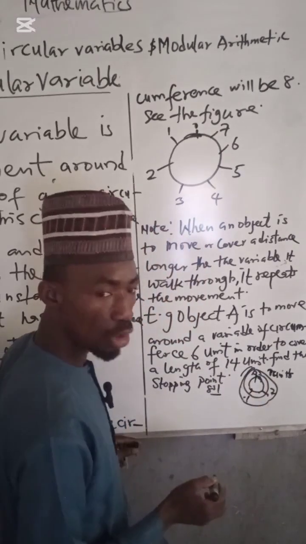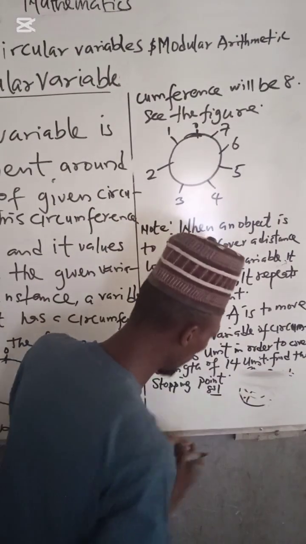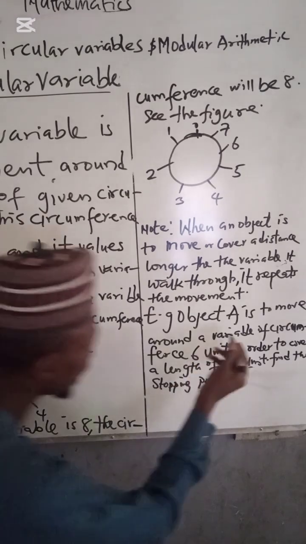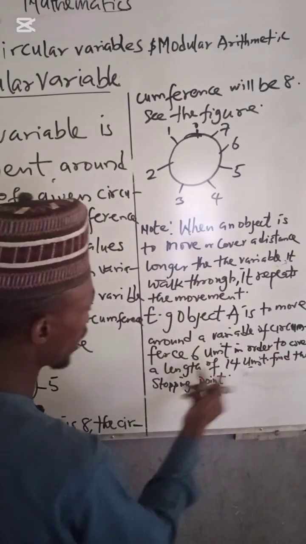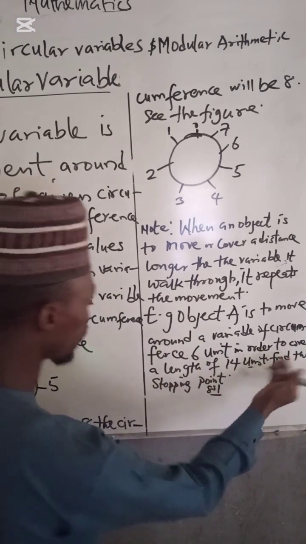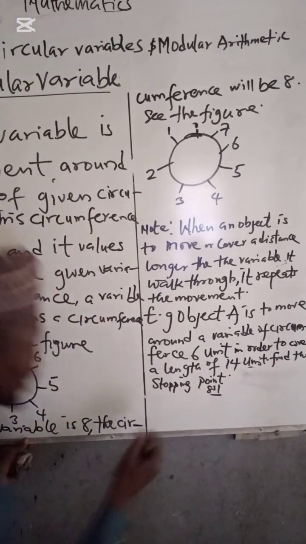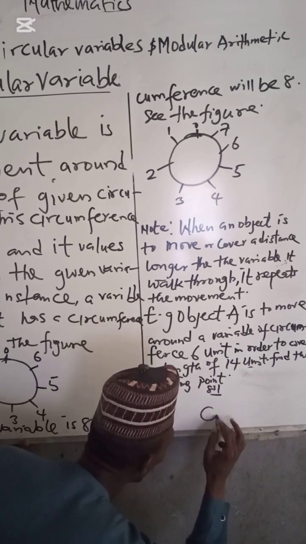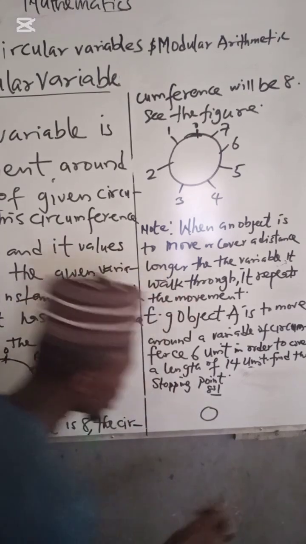It starts another one. Let's demonstrate that fully for us to understand. Object A is to move around the variable of circumference 6 units in order to cover a length of 14 units. Find the stopping point. Let's say this is our variable, 6 units.